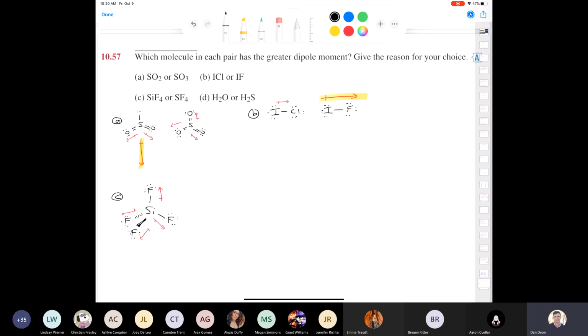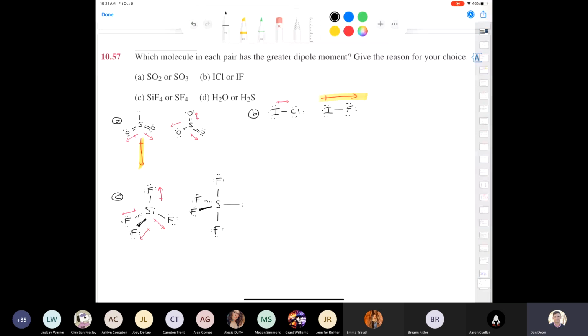Whereas in SF4, which we drew earlier on, we said that SF4 has the seesaw shape. And so it definitely has an overall dipole.